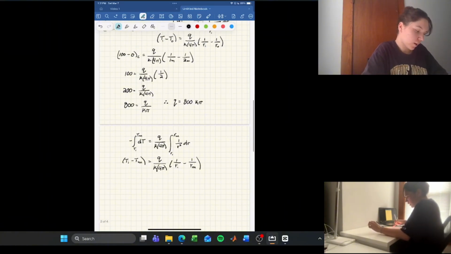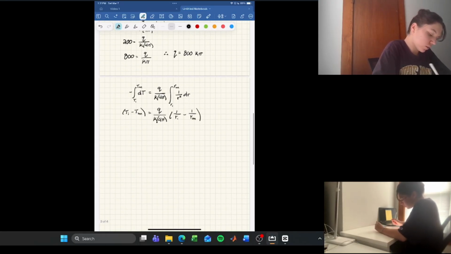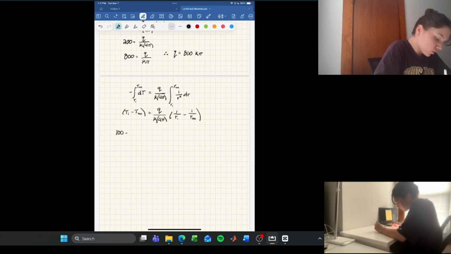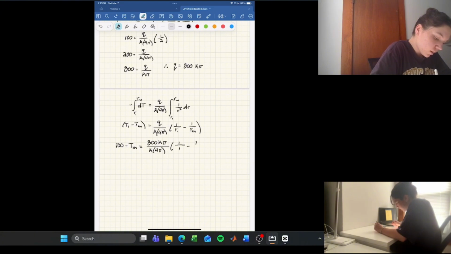So let's plug some values in again. So we have temperature initial is 100 degrees Celsius. We're trying to find the temperature at the midpoint. And we know that the heat flux is 800 times the thermal conductivity times pi. This is over thermal conductivity times 4 pi. And then the inner radius was 1 meter. And the outer radius was 1.5 meters.